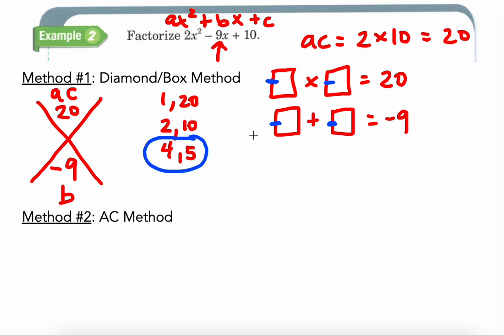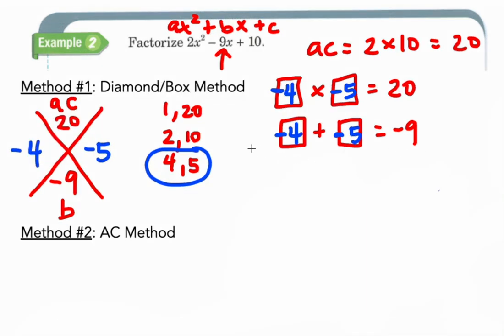And that leaves me with 4 and 5, because negative 4 plus a negative 5, those are the only two that'll get me to a negative 9, because 4 negatives plus 5 negatives will equal 9 negatives. And then on the flip side, negative 4 times negative 5, negative times negative will get me to a positive. So I end up with the answers negative 4 and negative 5.